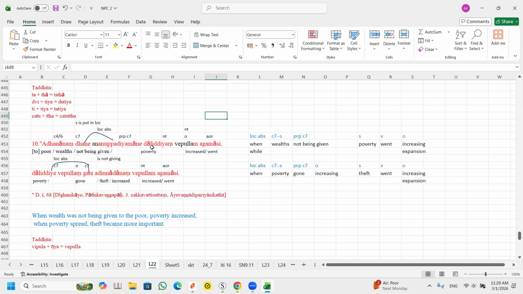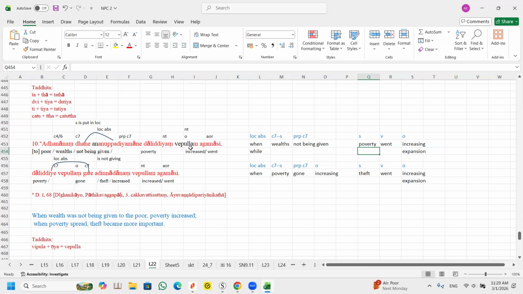Then the next line, this is your subject. This is a neuter now, Dali Yang. Poverty, can you see? Poverty is a subject, this is a verb. Come is go. This is past tense.